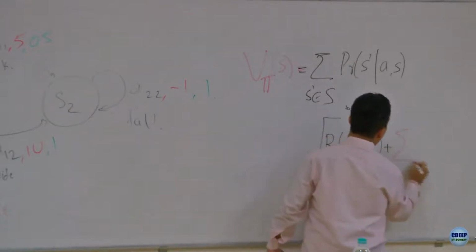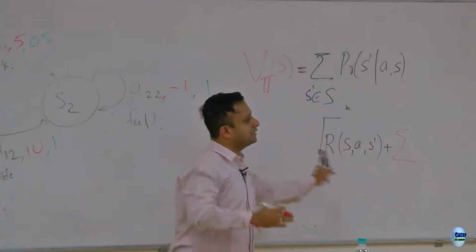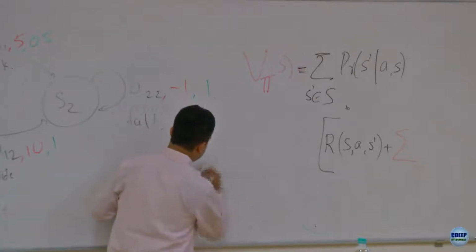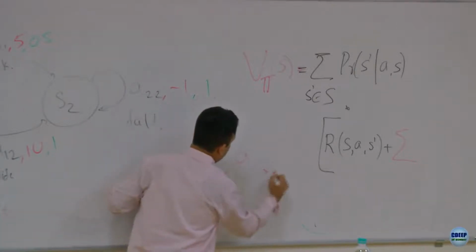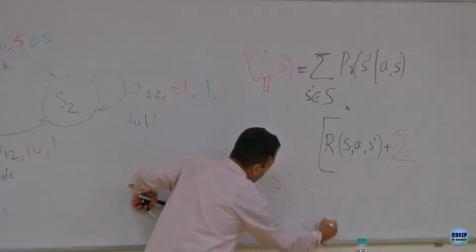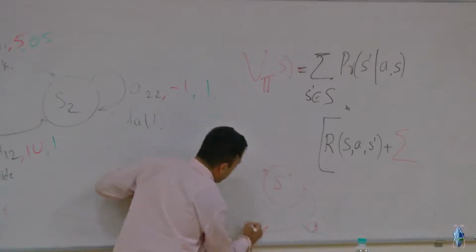another component. So this is what happens when you move from S based on A to S prime, and based on some A prime you move to S double prime, and so on, right?